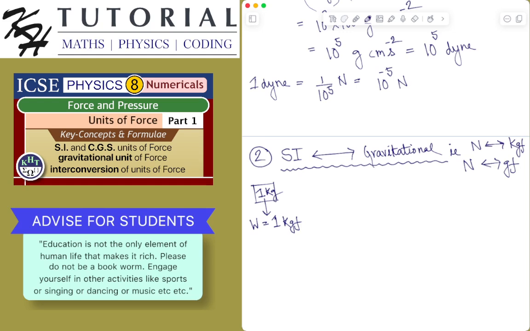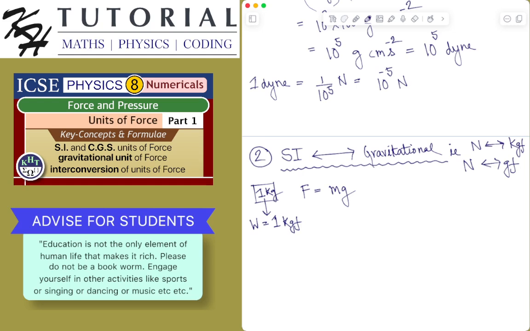We know that the weight, or the gravitational force, or the force of gravity, is equal to mg. This F is the force of gravity that is acting on a body of mass m. What is this g? g is some constant.